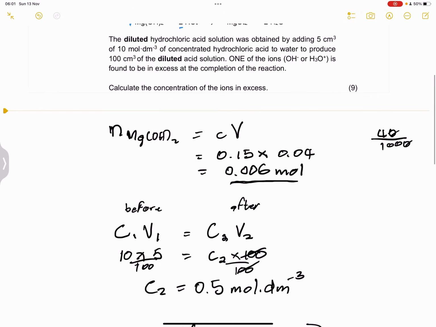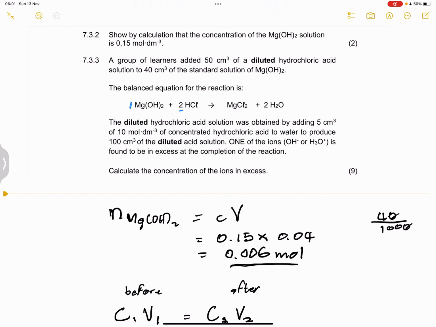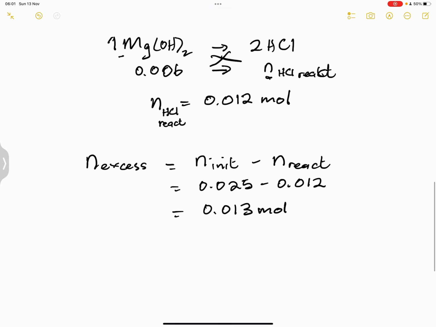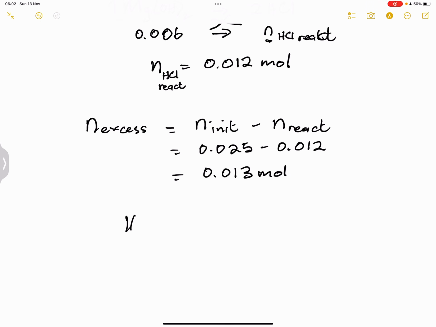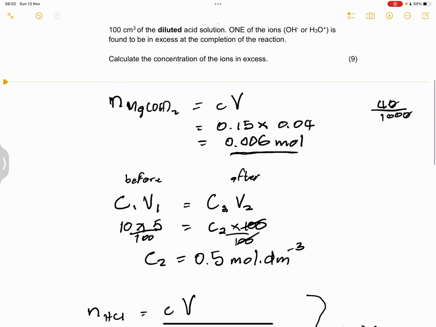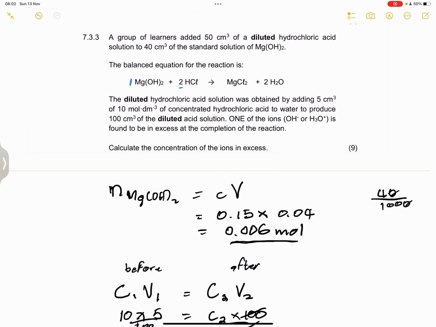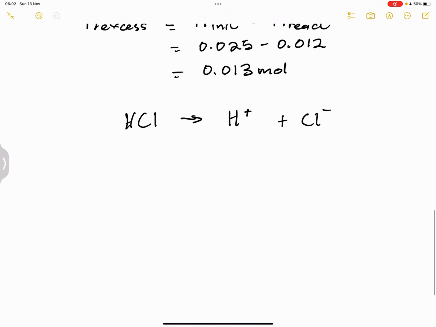Now, ladies and gents, all that you simply do in this case is that we now want the concentration. Remember, the question said calculate the concentration of the ions that are in excess, okay? And by the way, they said ions that are in excess. So remember, hydrochloric acid, when it ionizes, it forms hydronium ions, right? So in this case, remember they asked whether it will be H3O plus or OH minus. So in this case, please remember that H plus and H3O plus are exactly the same thing.